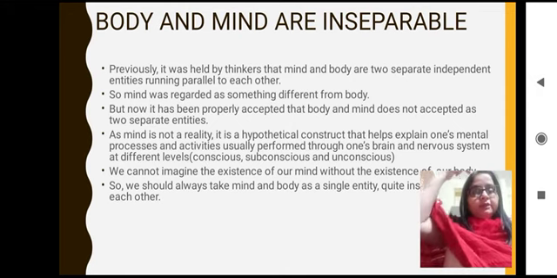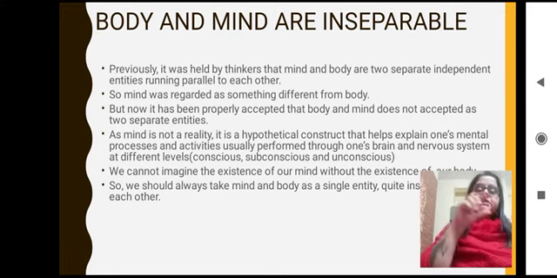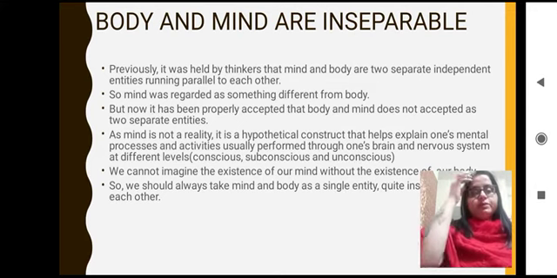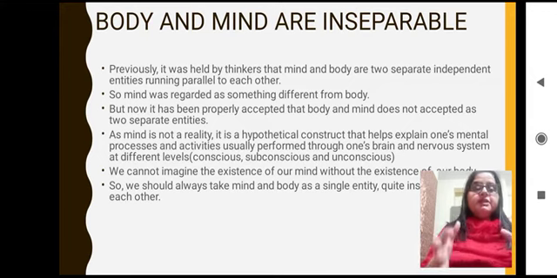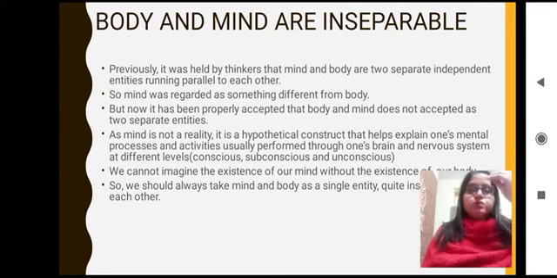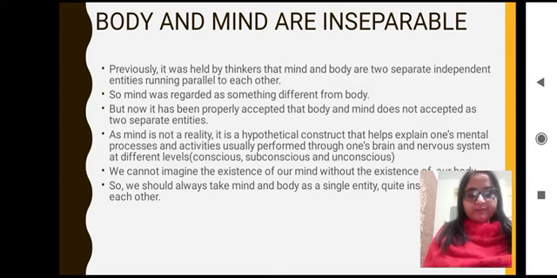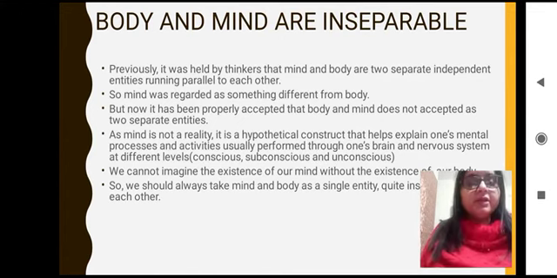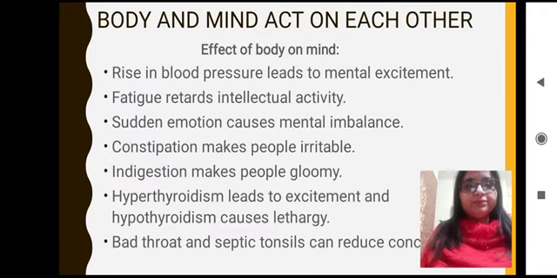To explain the functioning of the nervous system or the brain, I simply use the term mind to simplify. So how can we say these are two? This is basically one. I am just using the word to simplify the functioning of my nervous system. So we should always take mind and body as a single entity, quite inseparable from each other. We cannot separate these two.